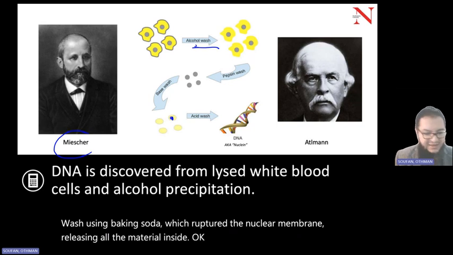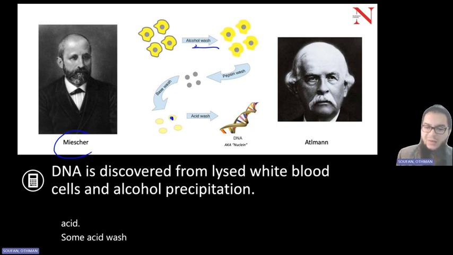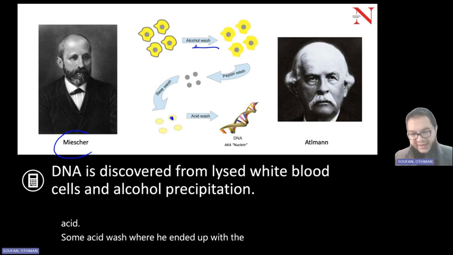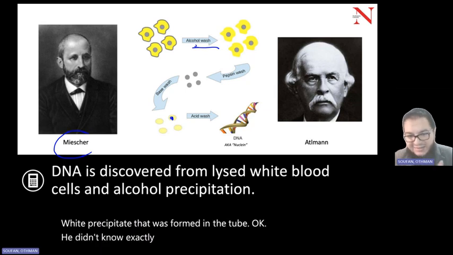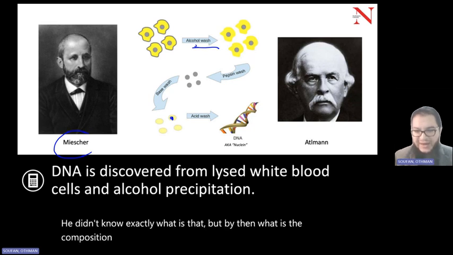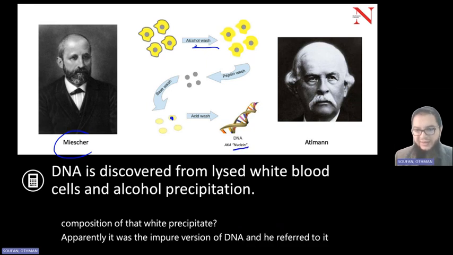Okay, and then finally made some acid wash, where he ended up with the white precipitate that was formed in the tube. He didn't know exactly what the composition of that white precipitate was by then. Apparently, it was the impure version of DNA, and he referred to it as nuclein.